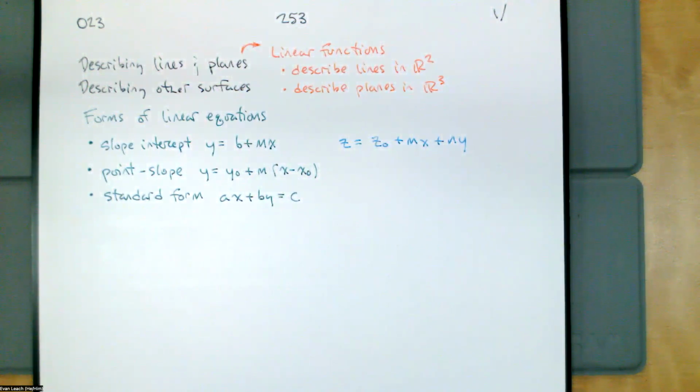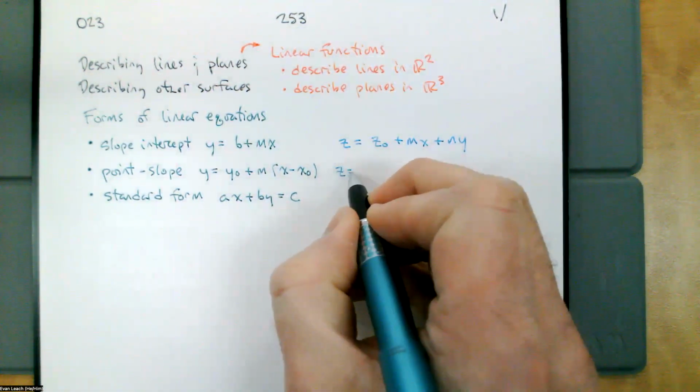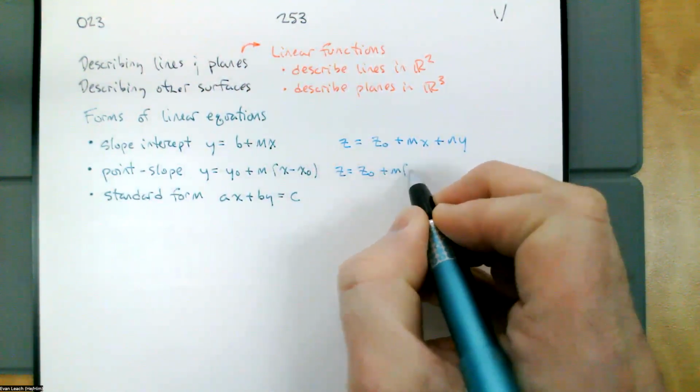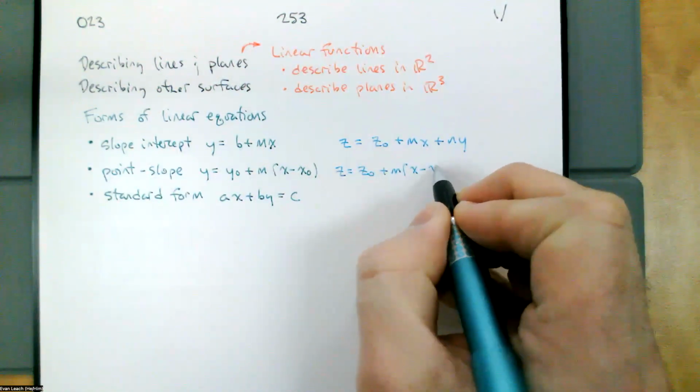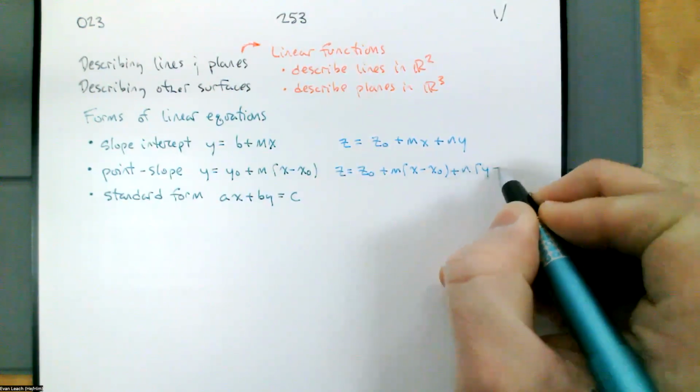If the point that we know about is 0, 0, and then z naught, we could say that z is equal to z naught, start there, increase by m whenever x increases by 1, and increase by n whenever y increases by 1.